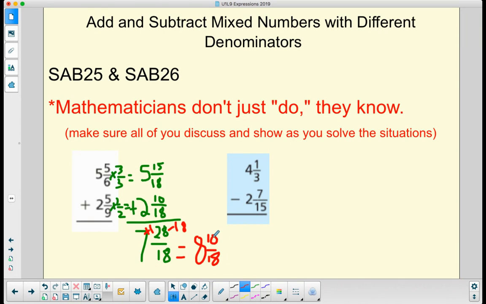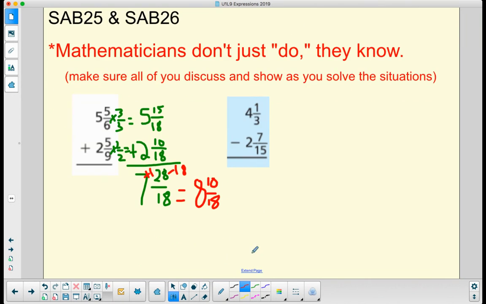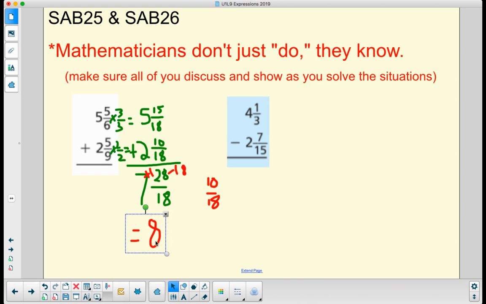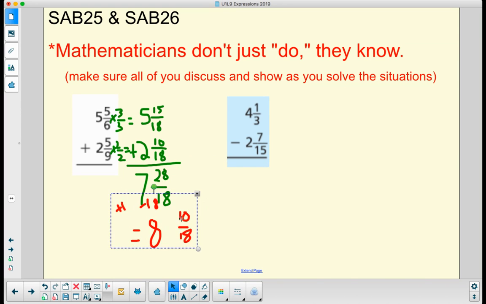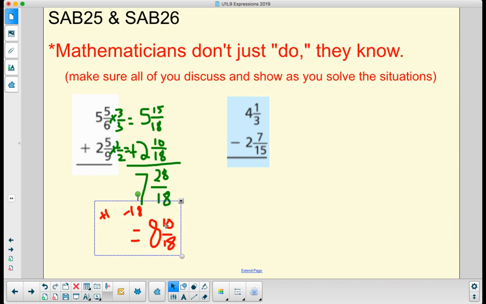Some of you might notice, hey, 10/18 can be simplified. I'm going to pop it down here. All right. So 10/18 could be simplified.